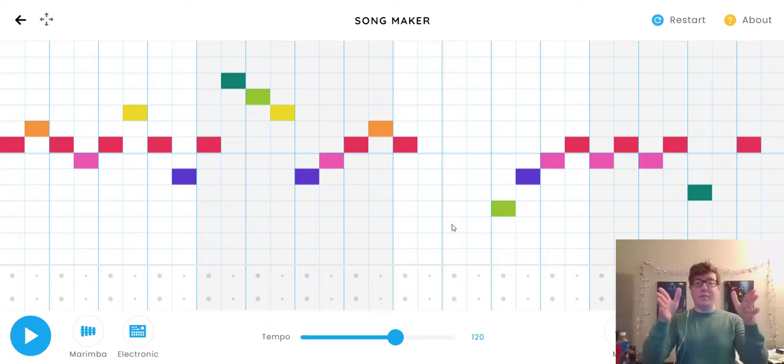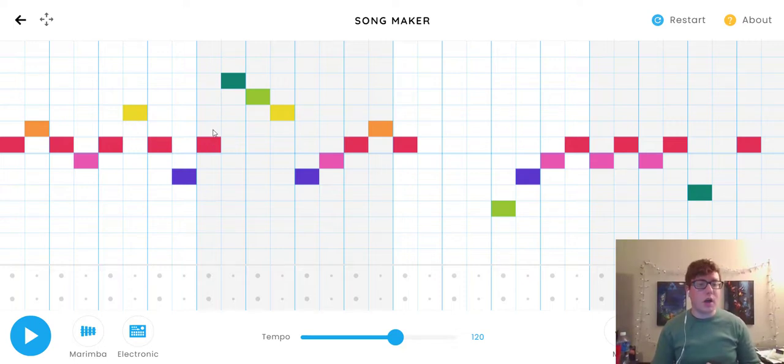Right. So I've basically done your assignment right here. You're going to be using stepwise motion, and then a few skips. So I'm using some thirds, I'm using a fifth, and I'm even using a fourth. Once you've completed this, if you still have some extra time, feel free to add a beat in there. Remember, the same rules that we talked about before still apply.